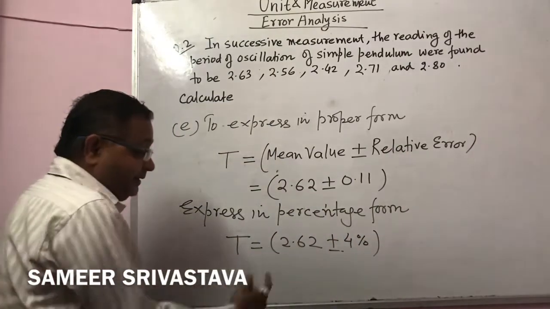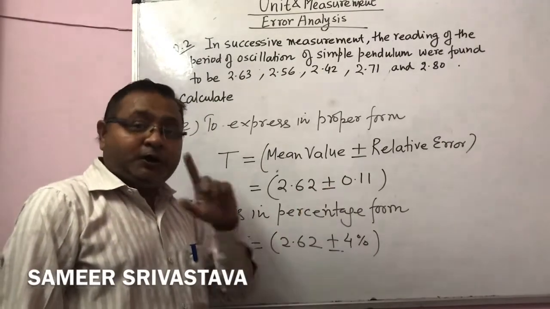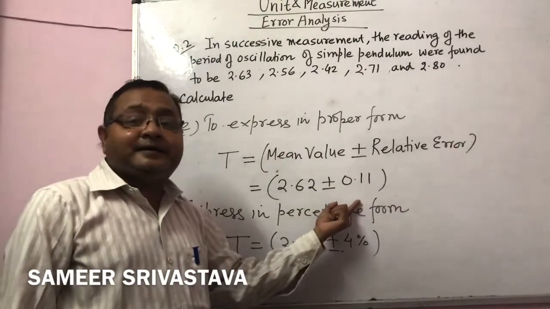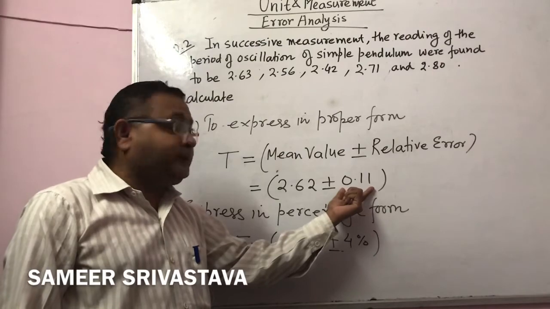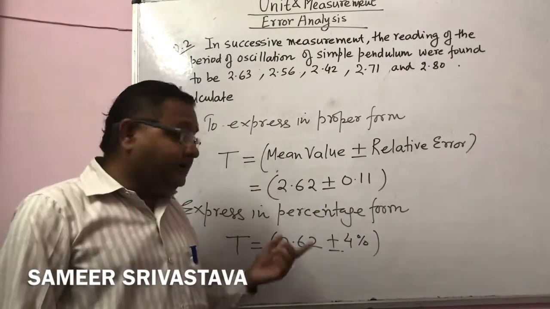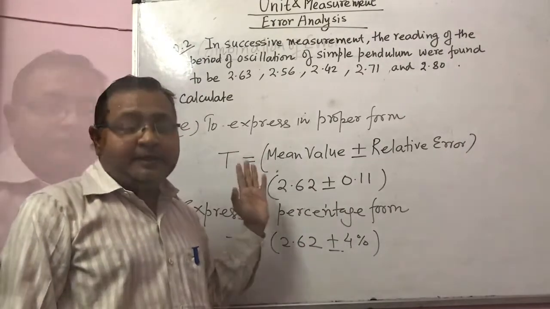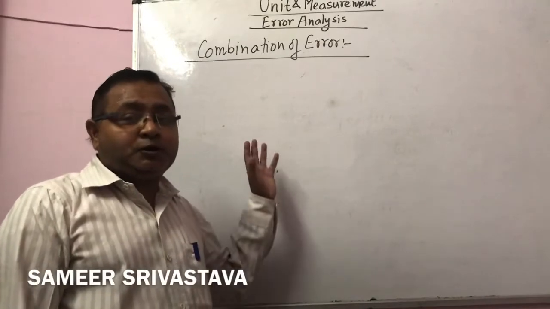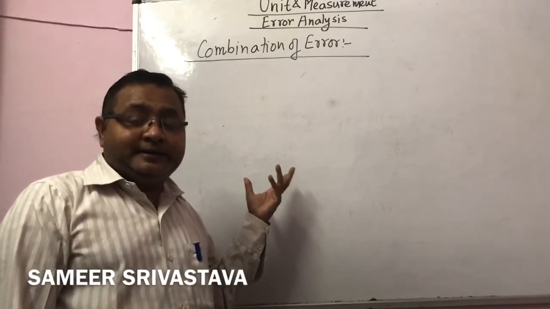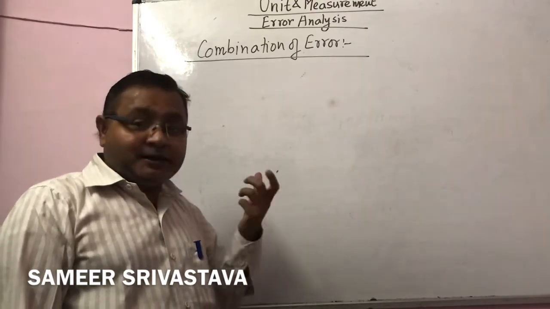So this is the expression in terms of percentage, and this is the normal expression: the mean value plus minus the error which you found, 0.11. So the answer is 2.62 plus minus 0.11, or in terms of percentage 2.62 plus minus 4%. Okay. Hope you understand how to solve the problem based on absolute error, relative error, percentage error, mean error, as well as how to express the quantity.